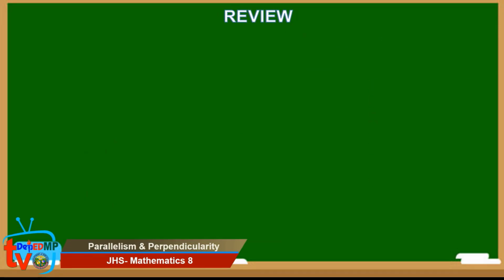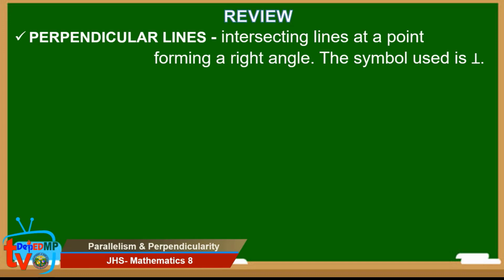Third, perpendicular lines. These are lines intersecting or crossing at one point, at the same time forming a right angle or 90 degrees angle. The symbol to use is similar to an inverted T. In the figure, a small square is placed at the vertex to indicate that the angle measures 90 degrees.